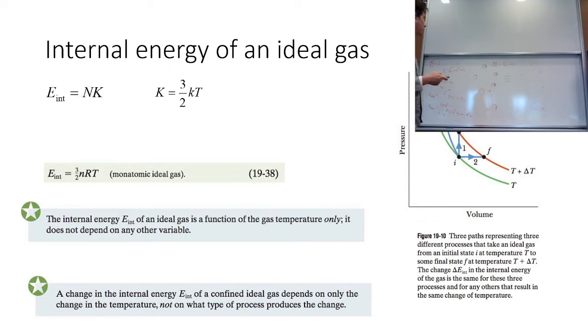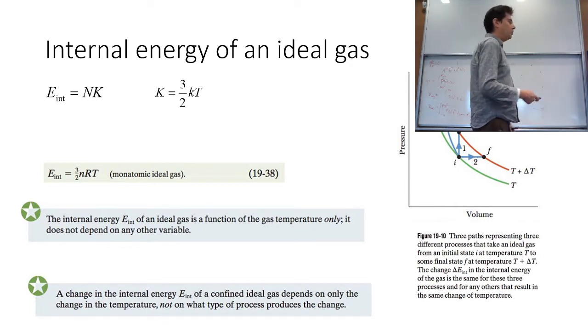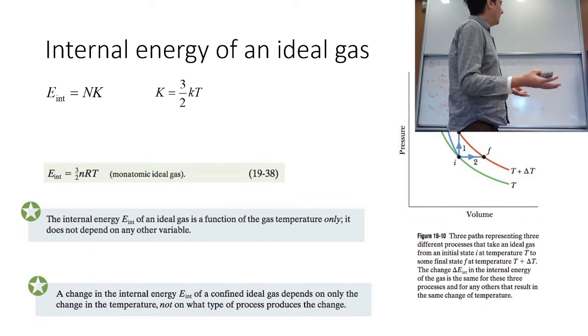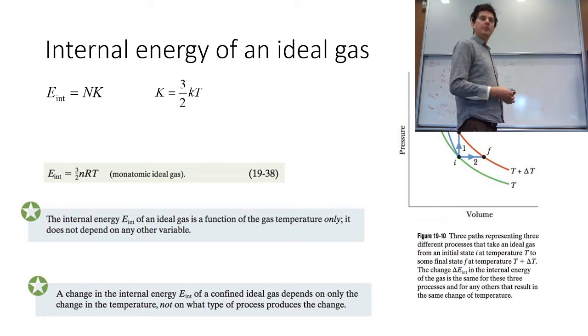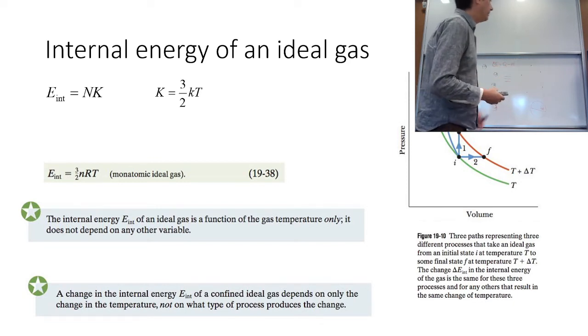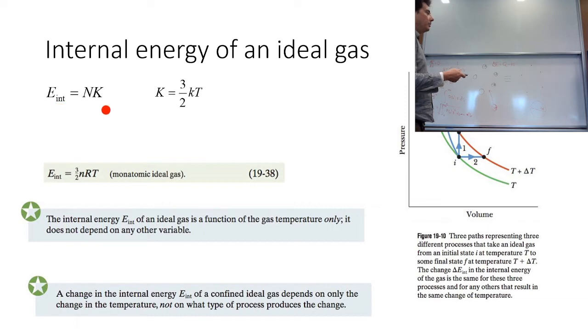It makes sense because we've got a bunch of atoms, and this 3/2 kT is the energy of a single atom. Well, the total energy of the whole system is obviously N times that, so 3/2 kT times N.